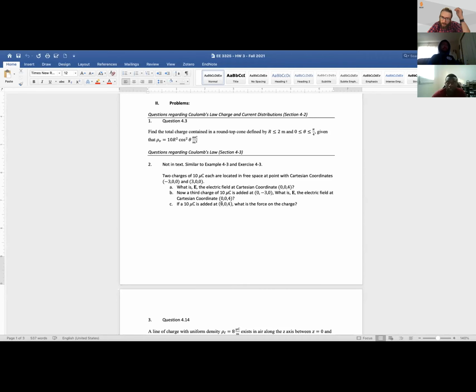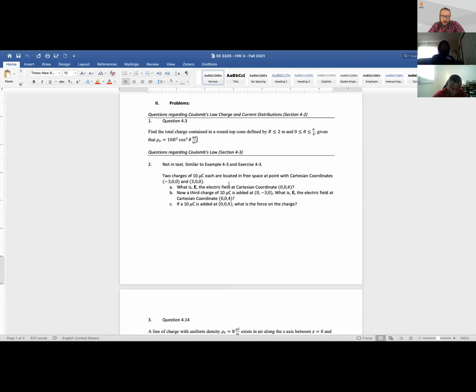Okay. Yeah. So we have two charges and each charge is going to have its own electric field. Each charge generates an electric field. And then there's this other principle that you've probably used in math and physics before called superposition.